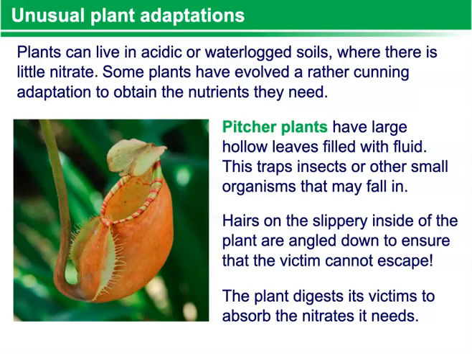These large hollow leaves trap insects and other small organisms that may fall into them. Hairs on the slippery side of the plant are angled down to ensure that the victim does not escape, and the plant digests its victims to absorb the nitrates it needs.